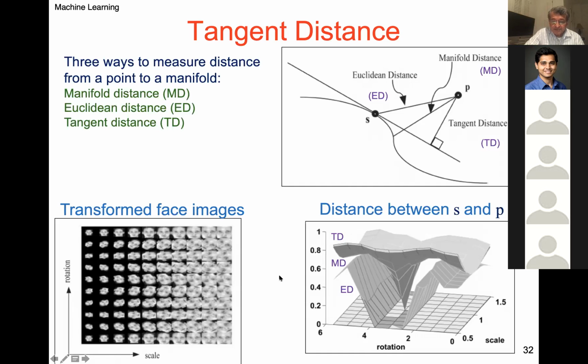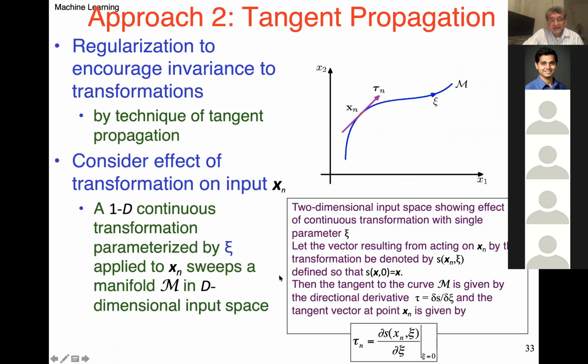As you can imagine, the computation is pretty complicated. So they use a method called tangent propagation, which says, supposing you had two inputs, x1 and x2, and we are applying a transformation psi, which makes the data move along this manifold M. Here is a point xn on that manifold, the nth data point. And we are computing the tangent.